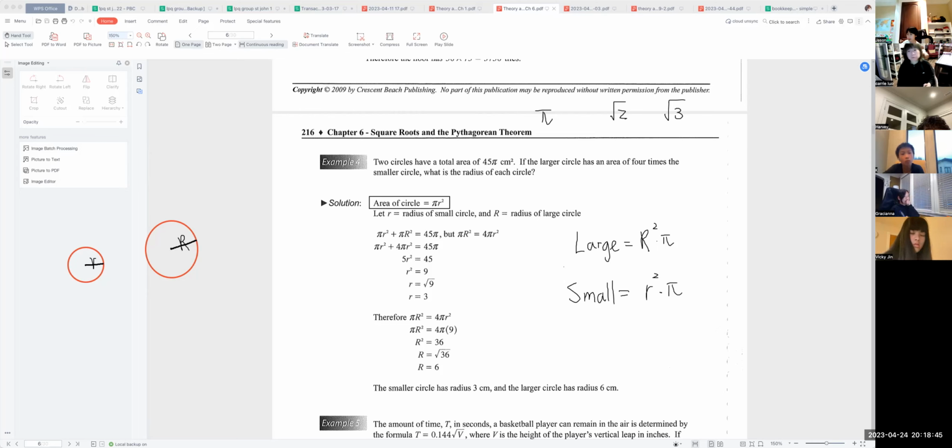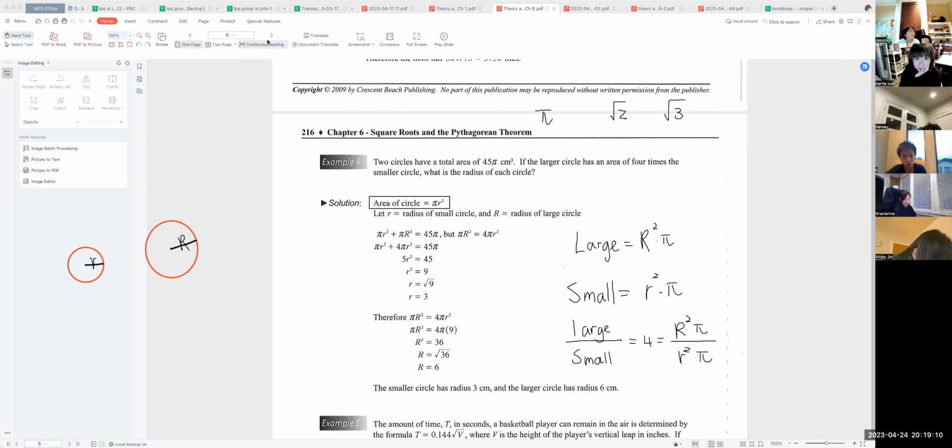Correct, Vicky? Just using this one, right? I know one of them is 4 times, so the large divided by the small equals 4, correct? Okay, so we can say R squared times pi over little r squared times pi equals 4.